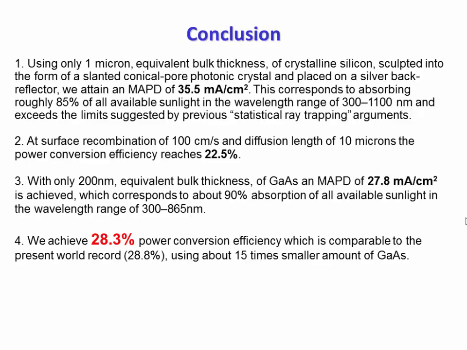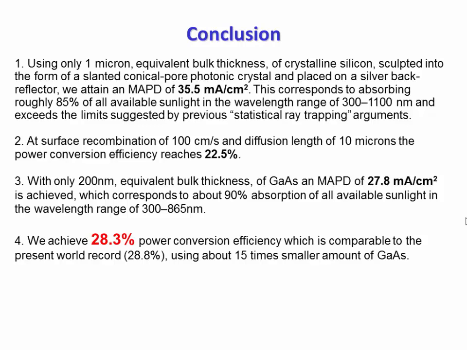So this number brings me to the conclusion. I calculated the MEPD for 2 types of slanted conical pore structures. For silicon, we achieved a MEPD of 35.5 milliamps per square centimeter, and at recombination of 100, we achieved 22.5% of the power conversion efficiency.